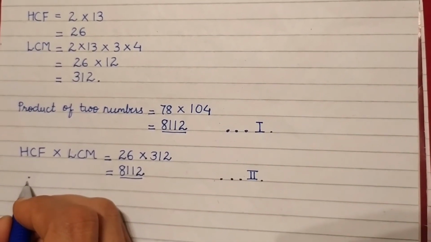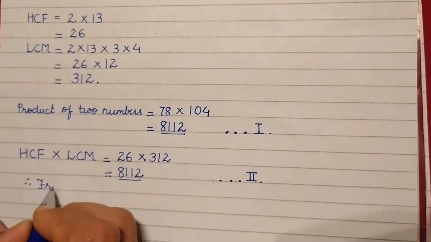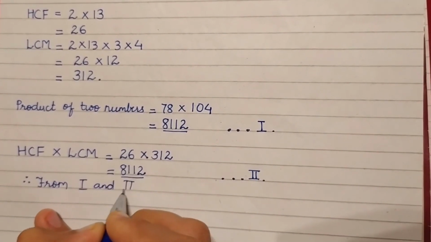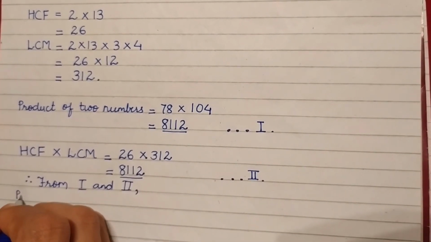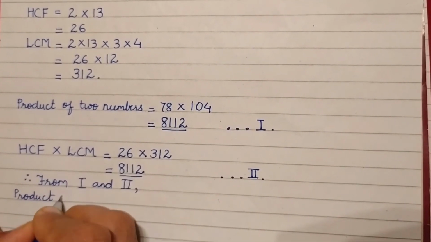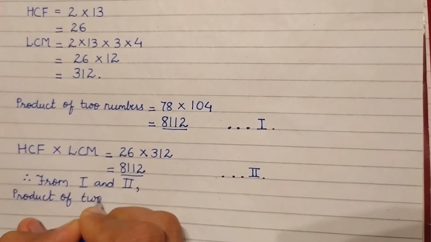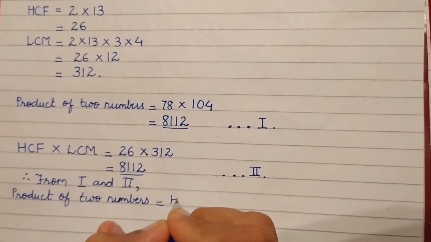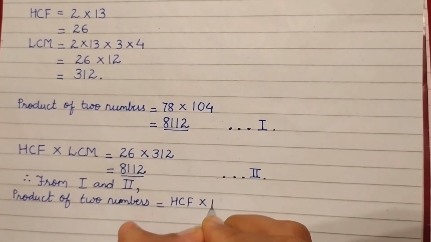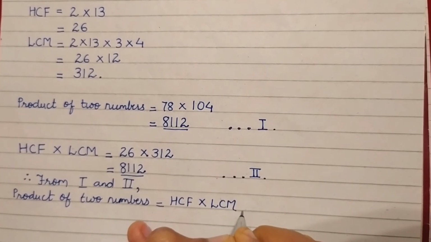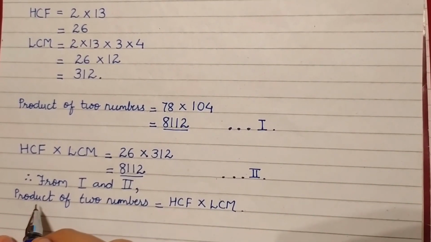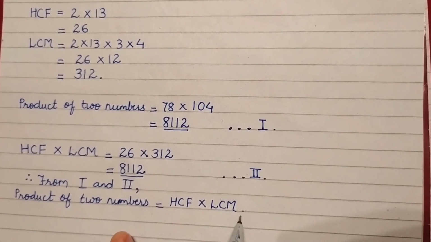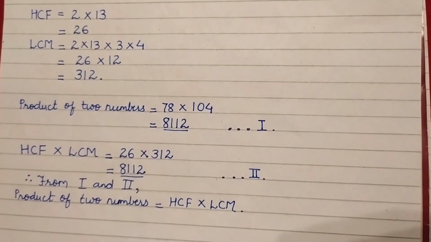So we can write therefore from statement 1 and 2, product of two numbers is equals to HCF into LCM. So the property, that is product of two numbers is equals to HCF into LCM, is verified.